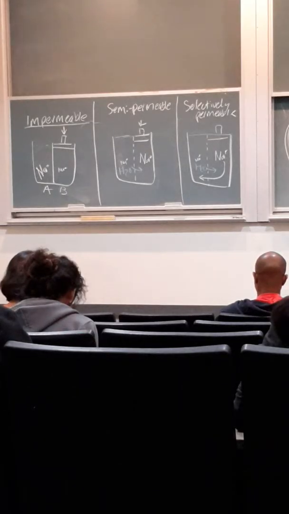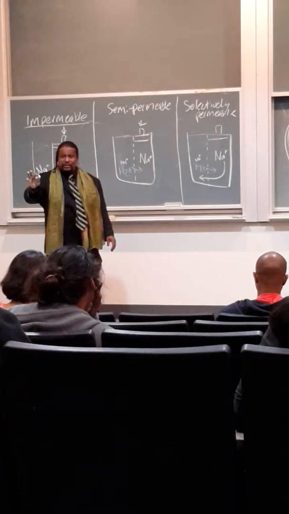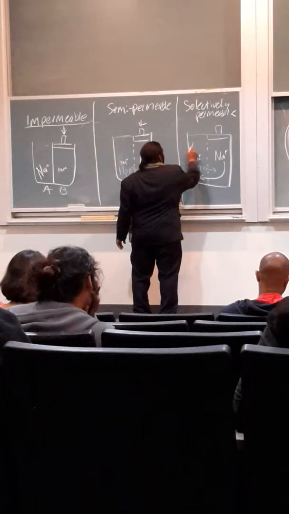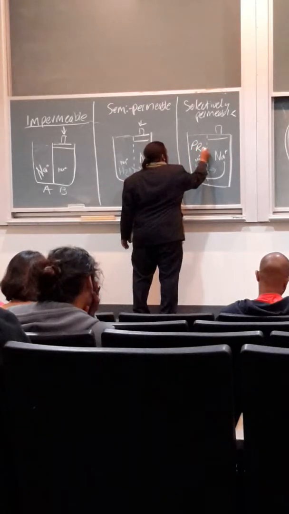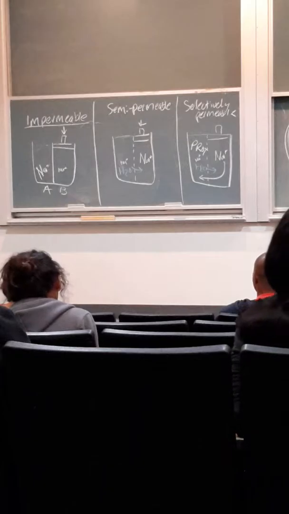So here's why this is important. When we start to talk about the nephron, what if we have protein on that side? The vessel doesn't care what the solute is.